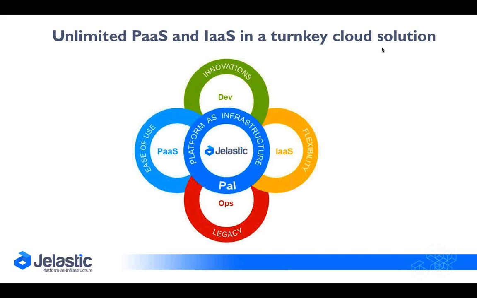And our solution helps to work with innovations, to create new innovative applications, and also you can bring legacy applications without code change, and it's possible to scale such applications. We will describe later how to do it.